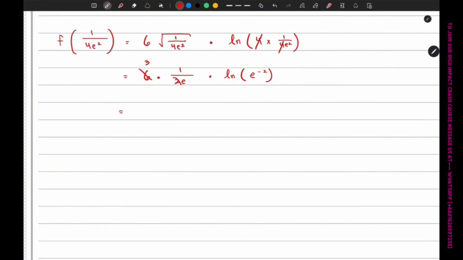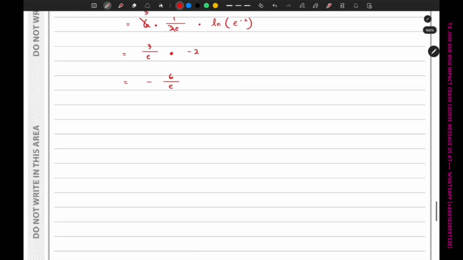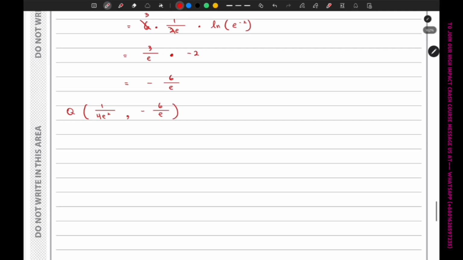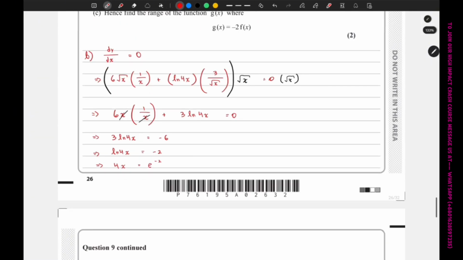And we know that the value of ln e to the power -2 is -2. So we have a final value of -6 over e. So that's the y coordinate of point Q. So we know that the coordinates of point Q are 1 over 4e squared and -6 over e. So that is it for this part.